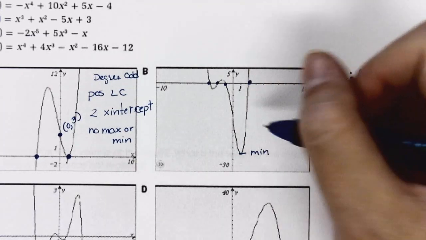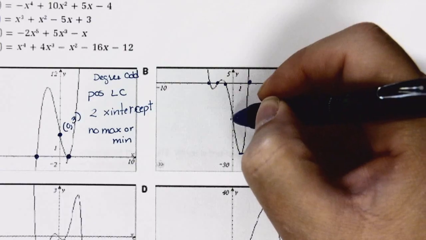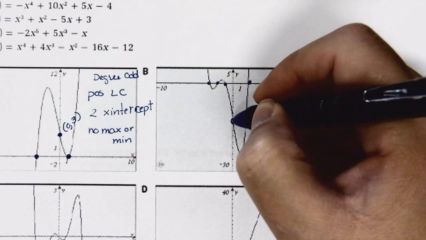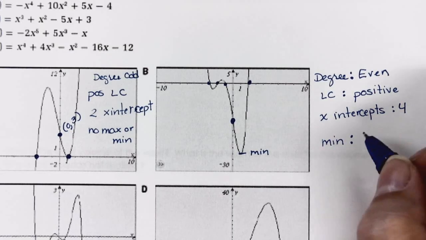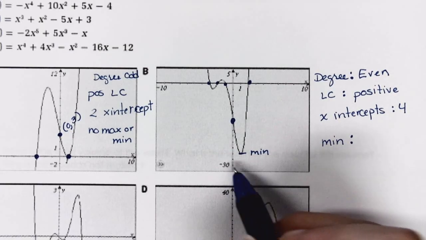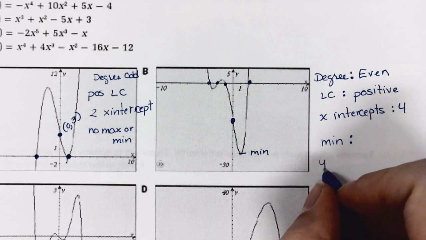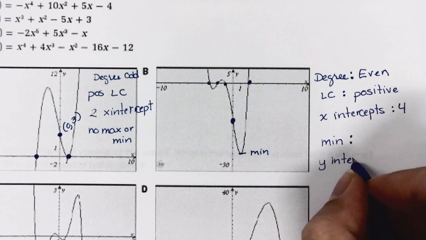I know I crossed somewhere down here for my y-intercept. If I were to look at the equations, where do you think I cross? If this is -30 down here, -12.